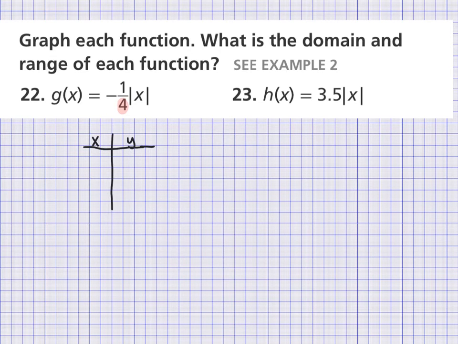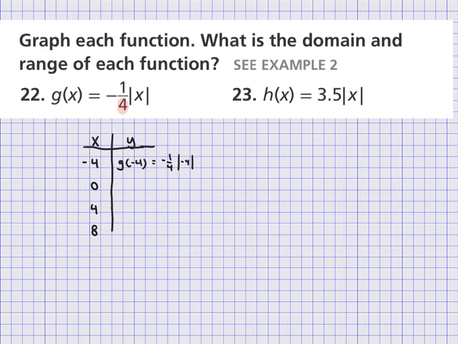So if I chose a negative 4, a 0, and a positive 4, and even an 8, let's see what happens here. So when I substitute in g of negative 4, I get negative 1/4 times the absolute value of negative 4. And what do I get?